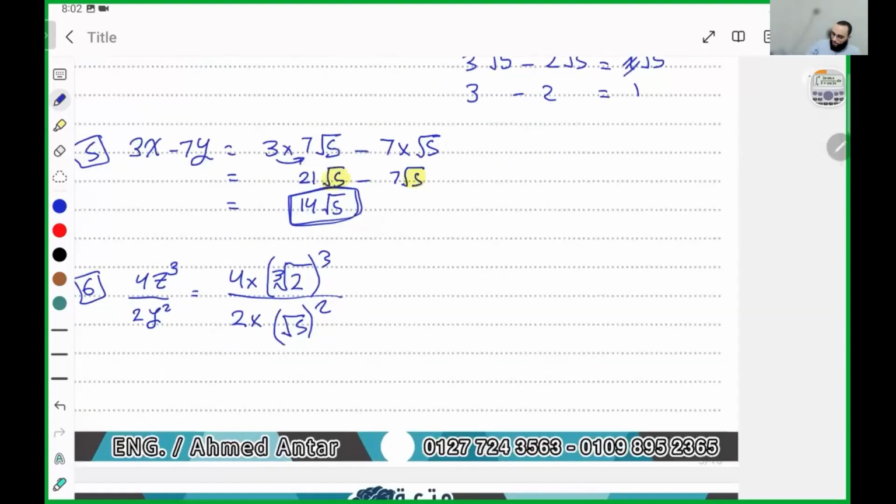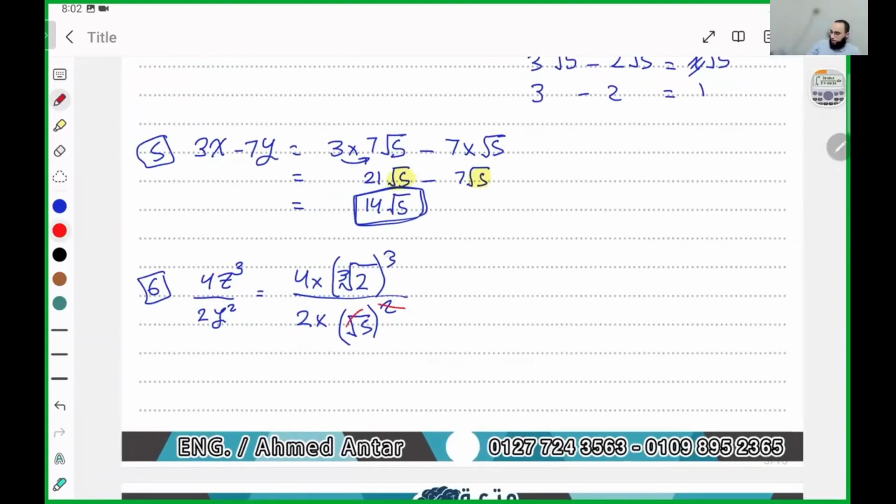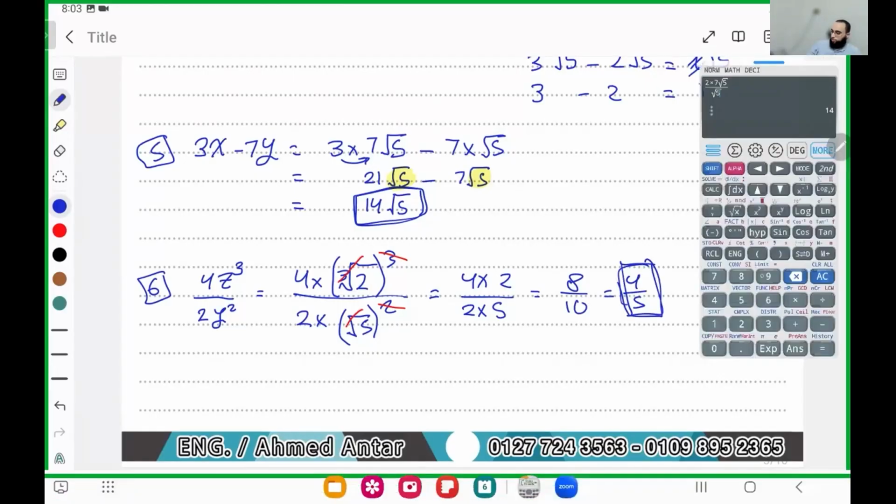So the second power goes with the second root, the third power goes with the third root. Then it's gonna be 4 times what? 4 multiply 2 over 2 times 5. 8 over 10. 4 over 5 in the simplest form. That's the answer. Check the calculator if you want.